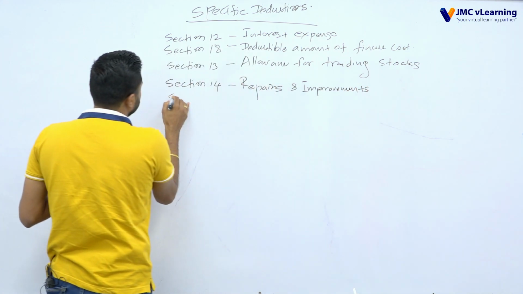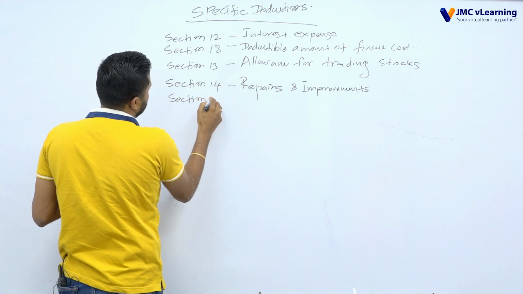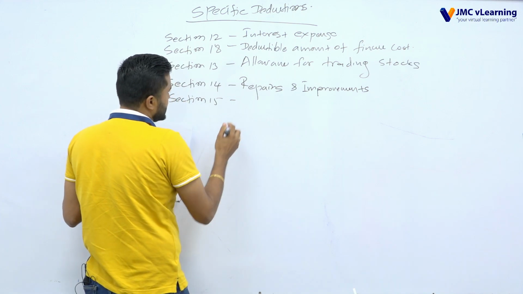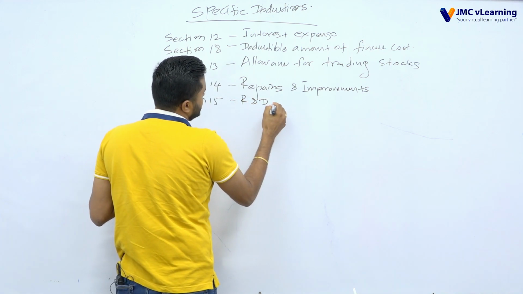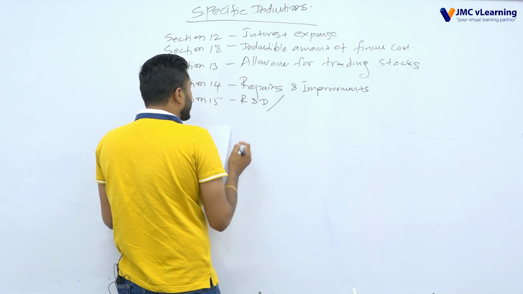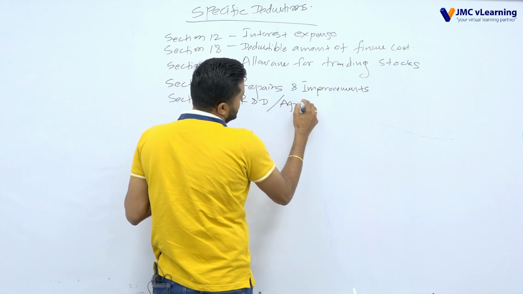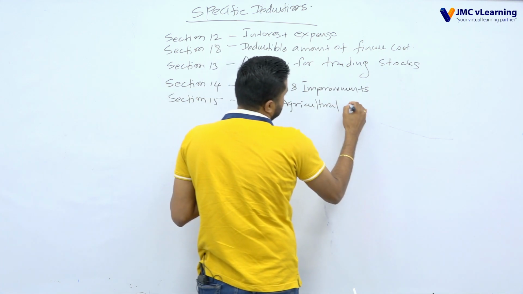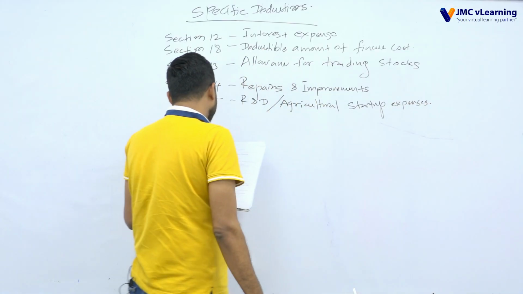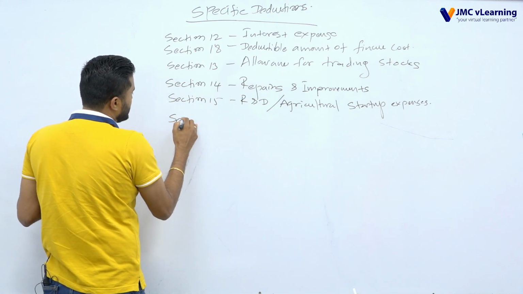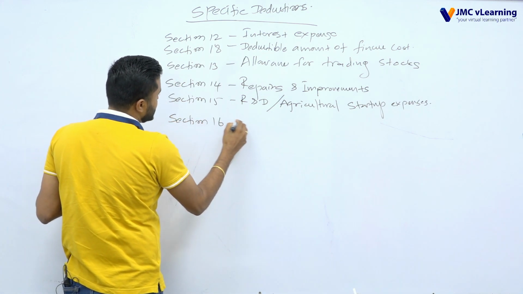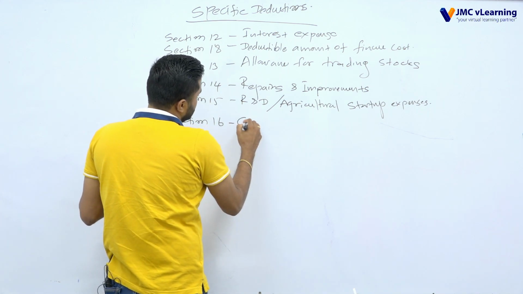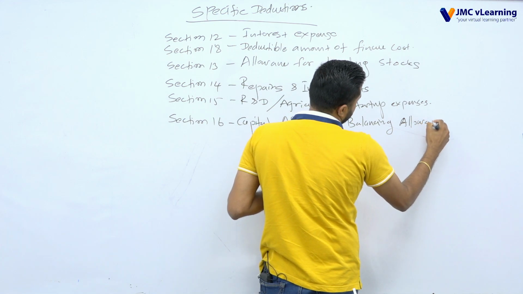Thereafter section 15, research and development expense and the agricultural startup expense. Then section 16, where there is a very important thing we need to discuss: the capital allowance and the balancing allowance.